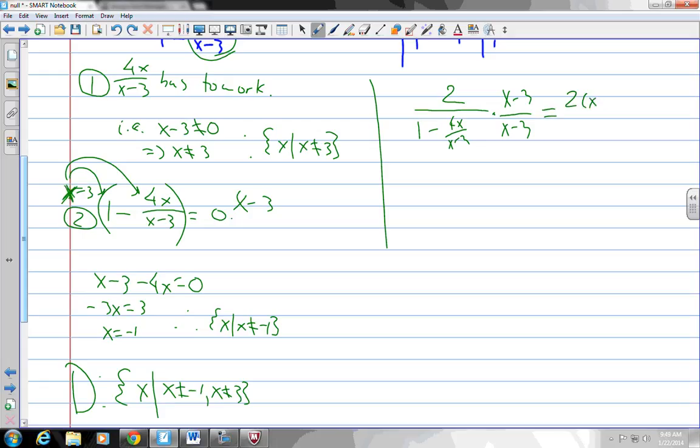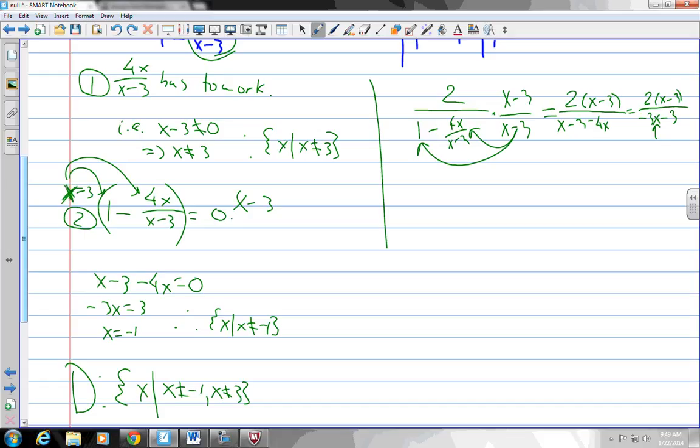It's 2 times x minus 3 over x minus 3 when you multiply it this way, and then minus 4x. This is 2 times x minus 3 over negative 3x minus 3. So you're only catching the negative 1, but you're not catching the positive 3. If you simplify this, then it's really hard for you to know that x cannot equal positive 3.